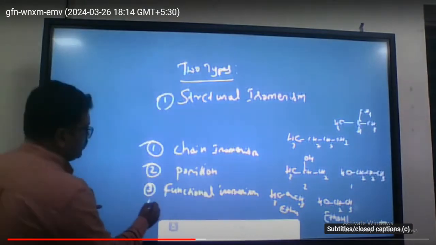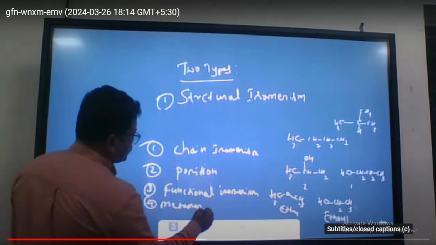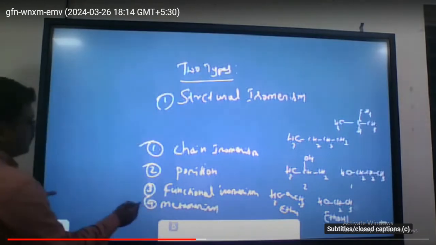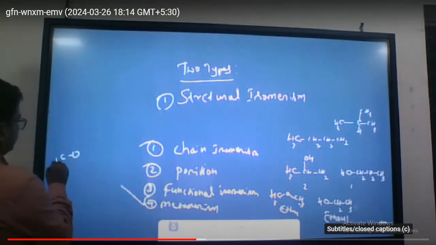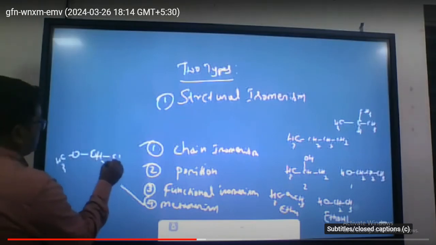The next one is metamerism. Metamerism means the same functional group is present. The functional group is the same, CH3, CH2.